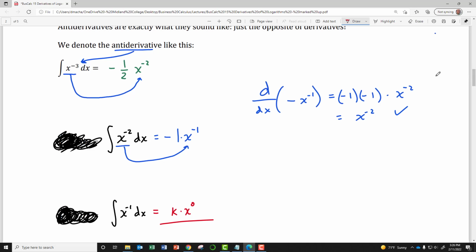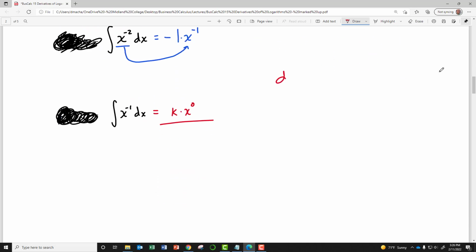Well, let's think about that for a moment. If I take the derivative of something times x to the 0 power, this is like taking the derivative of something times 1, because anything to the 0 power is just the number 1. And so we're taking the derivative of a constant. But you also know the derivative of a constant is just 0, and that's not the same thing as x to the negative 1.